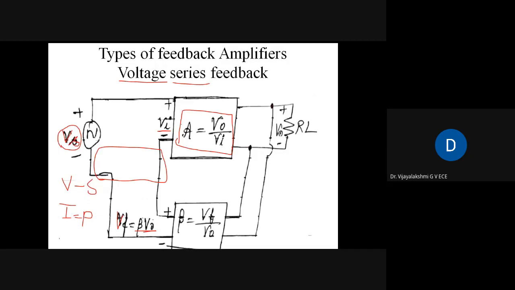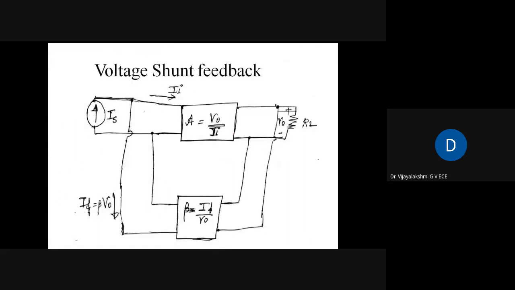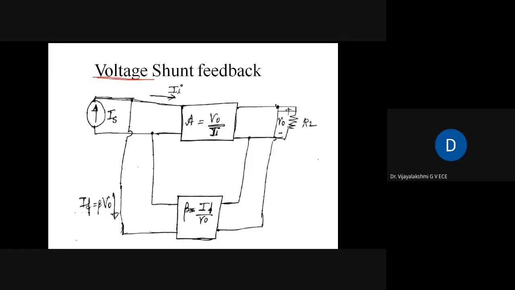Now you can understand this concept in a better way if I tell you about other feedback connections also. See here. This is a voltage shunt feedback. Okay. So voltage shunt, first term: voltage means from the output I am going to take a voltage signal for feedback.